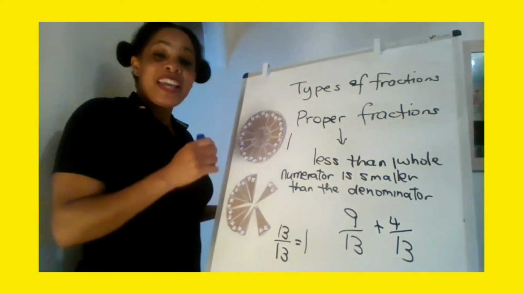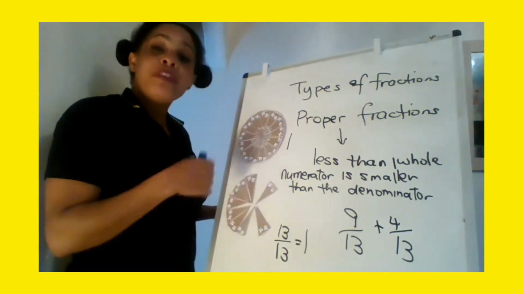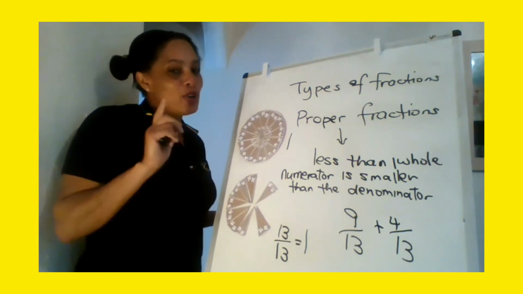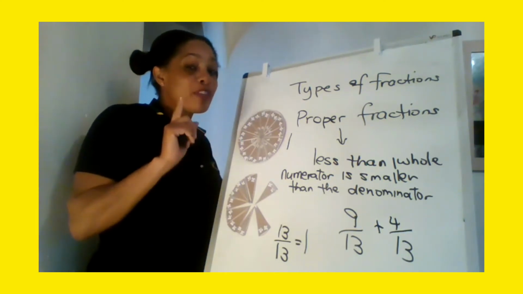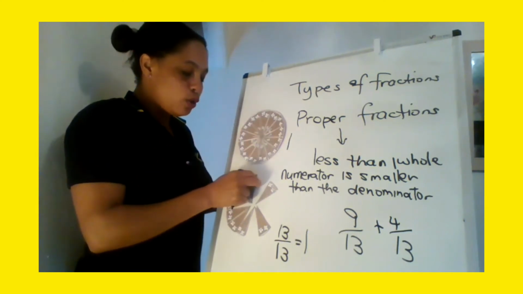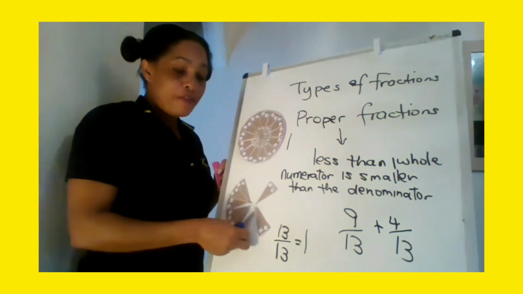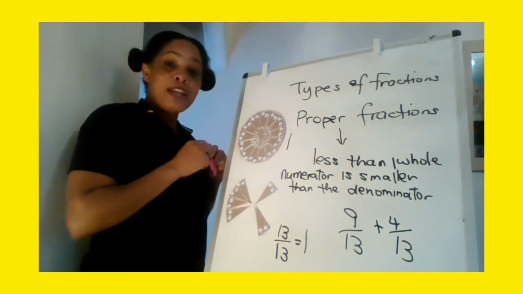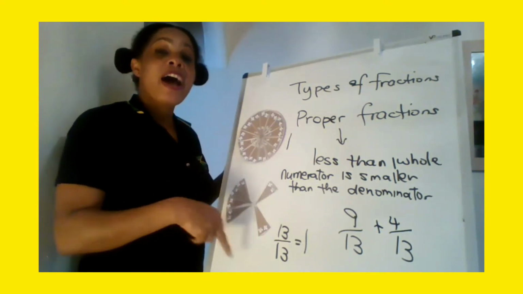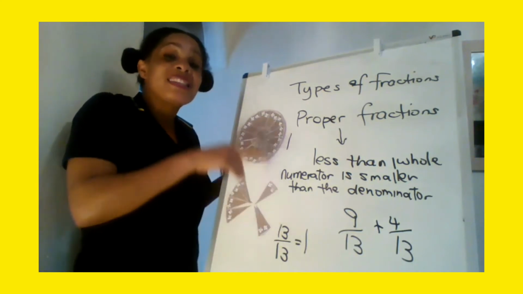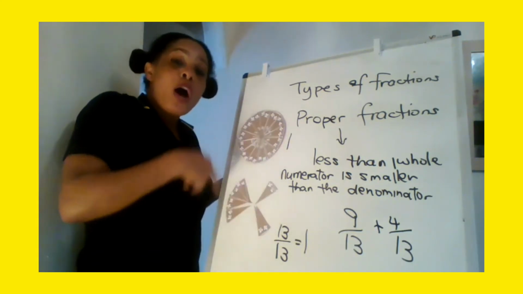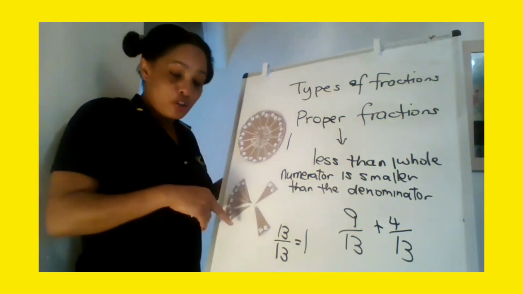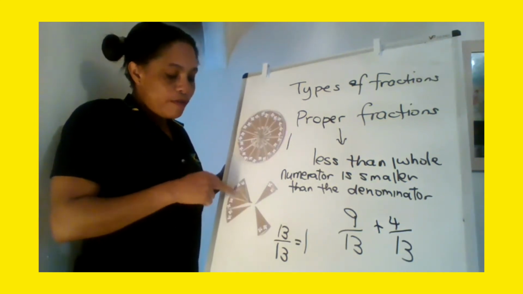So imagine that the cake was so nice that when the friends are leaving, they came, Miss, can I get a piece for my sister? They know it's not the sister they're carrying it for, they're carrying it for themselves. But they want another piece. So another friend came and took another piece, and another friend came and took another piece. Here I have more cake left, but I have less than 1. So the fraction I have left there is a proper fraction. 1, 2, 3, 4, 5, 6.